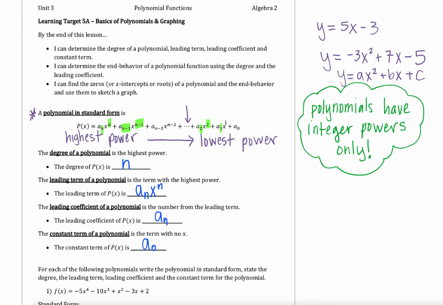We just don't usually write that first power. And the a sub 0 is multiplied to an x to the 0, but anything to the 0 power is just equal to 1, which is why we don't normally write that x to the 0 power.